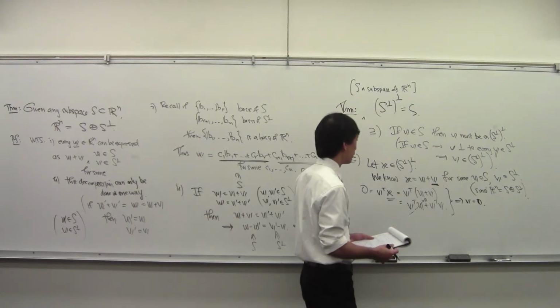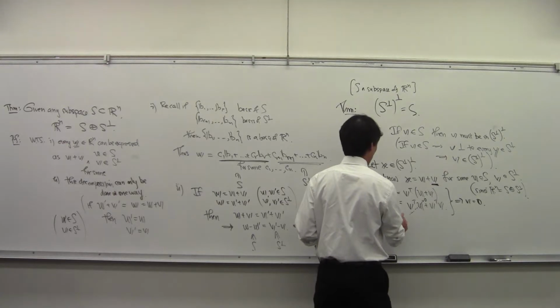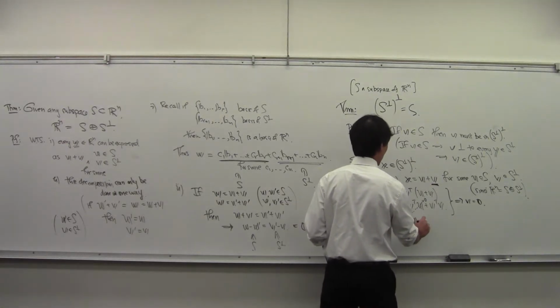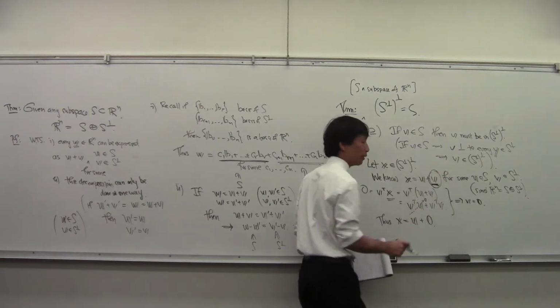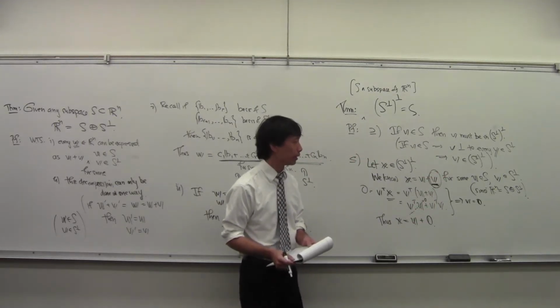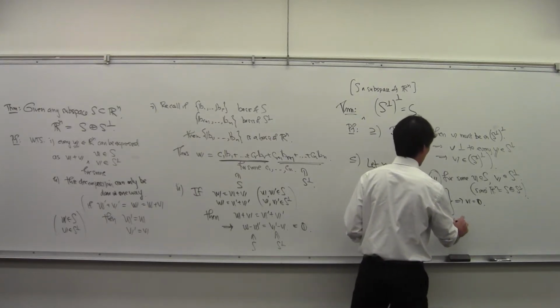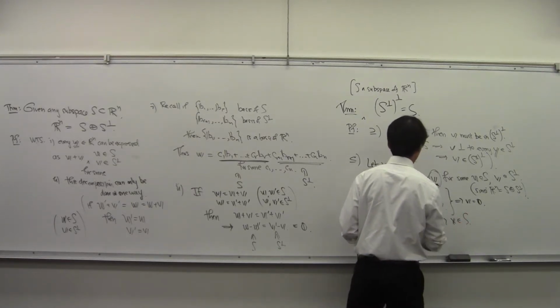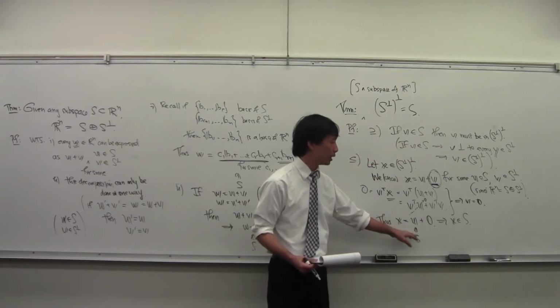In other words, our x is u plus the 0 vector. This v that we were playing with is actually the 0 vector. But that tells you that x must be in S, because u was in S. x is something in S only.